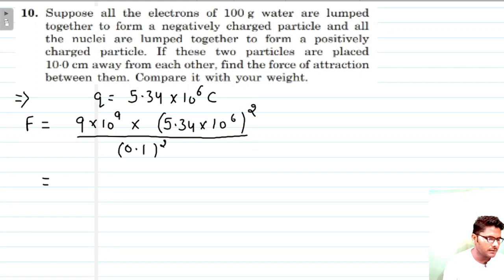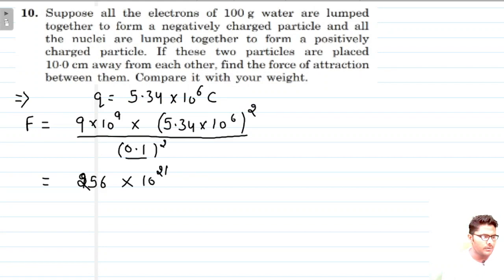When you solve this, 9 into 5.34 square, this will become 2.56 when multiplied, and the powers are 10 raised to power 9 and 10 raised to power 12. 12 plus 9 is 21, so this is 10 raised to power 21.